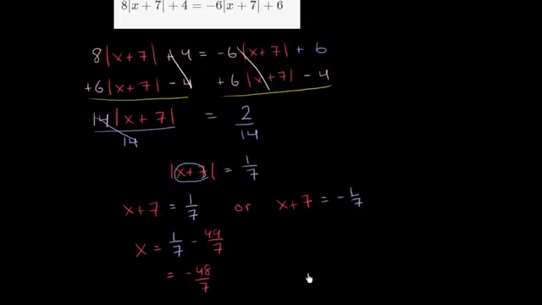And then the other possibility, we would get x is equal to negative 1/7 minus 49 over 7. We're just subtracting 7 from both sides. That's what 49 over 7 is. And then this gets us to negative 50 over 7. So the two solutions to this, what we thought was a complicated equation, are negative 48 over 7 and negative 50 over 7.